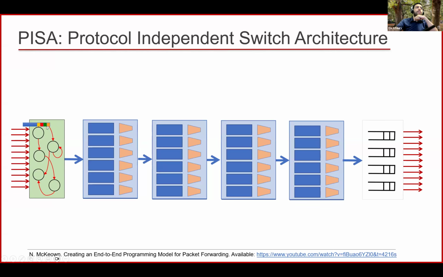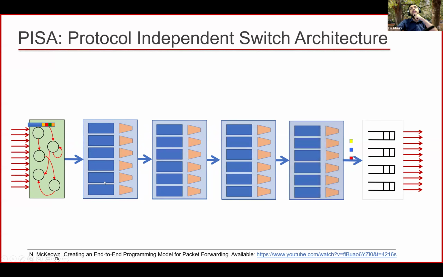So once the packet is parsed, you do all these transformations. You go from one stage to another. And you can see here we have multiple units within this stage so that we can use parallelism. And that's why, I mean, it's very important to do that so that we can get high traffic rates. So the headers will go through many transformations depending on how many stages and what your program would look like.